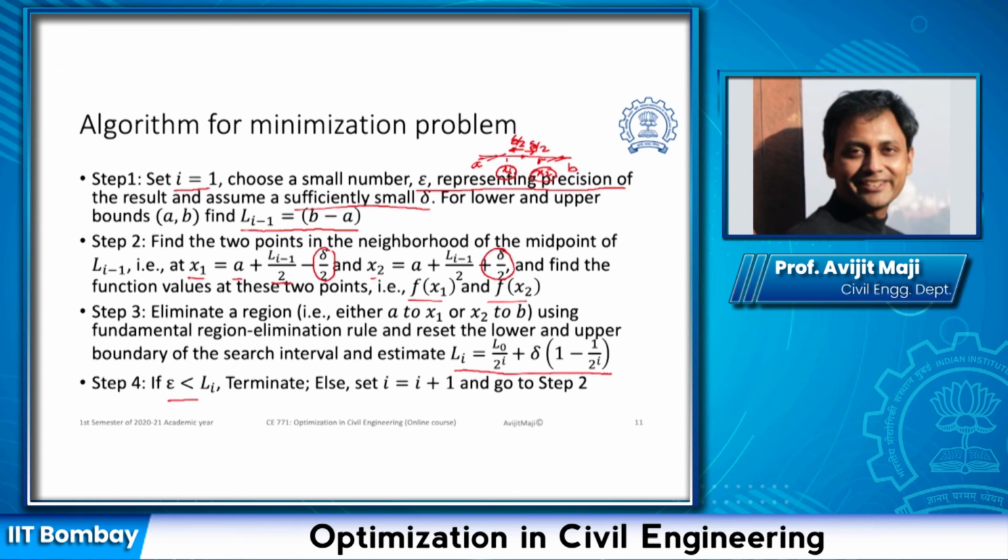If it is greater than that, continue. So there is an error here, we have to say set I equal to I plus 1 and go to step 2. Else, if it is smaller than that, then we need to terminate.